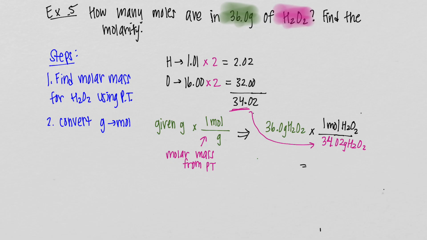Okay, so when you do the calculations, you're going to get 1.058... But we want to keep it in one decimal form, so we want to keep one number after the decimal. So it'd be 1.1 moles of H2O2.